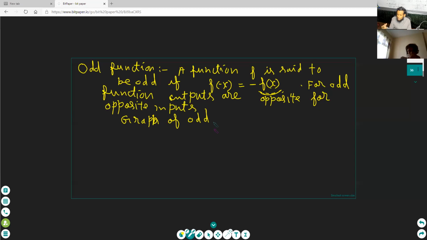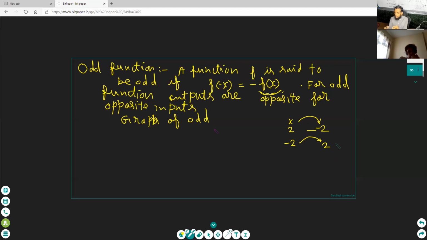For example, if you put 2 as an input, you get this. But if you put -2, then you get the opposite output. Is it clear or not clear?